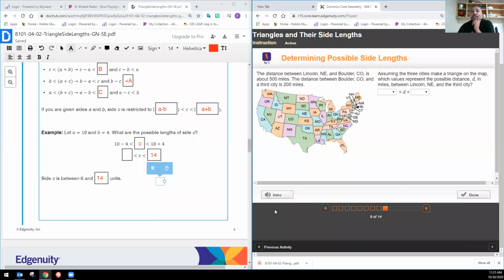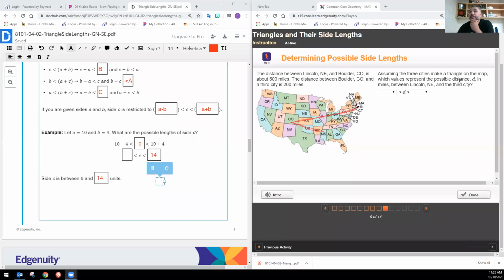I know Boulder, Colorado is about right here, and I'm just gonna say that it's somewhere right there. Okay, so there's my first line. That's the longest one because the other one is 200 miles. So I'm gonna assume that maybe we're talking about right here, roughly around half.